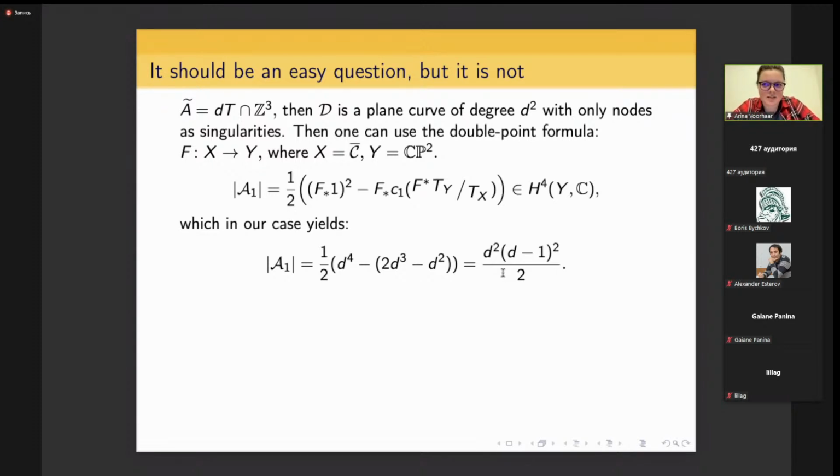I didn't explain properly what it is, but in this case, it means that the curve D in the projective plane intersects the one-dimensional orbits, the lines in the projective plane, transversally at d squared distinct points in general. We used this in this computation, when we were computing this term.